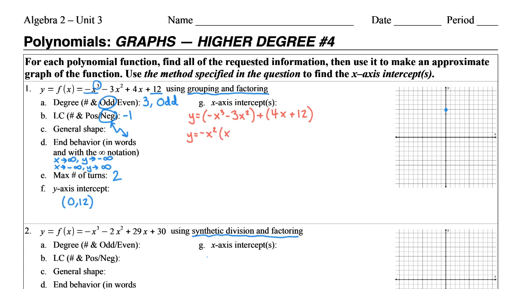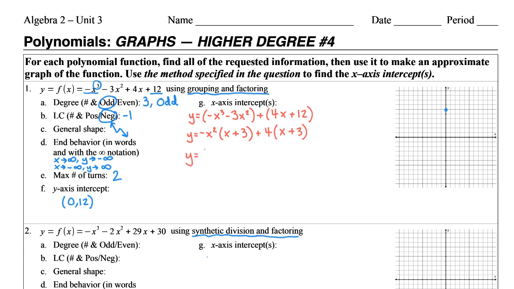That leaves me with a positive x there. And if I took the negative out, that means that I've got a positive 3 there. Looking at my second group, 4 stands out to me as a common factor. If I take 4 out, I've got x plus 3 left. This is a great sign because we wanted to see the same group left behind in both of them, x plus 3 and x plus 3.